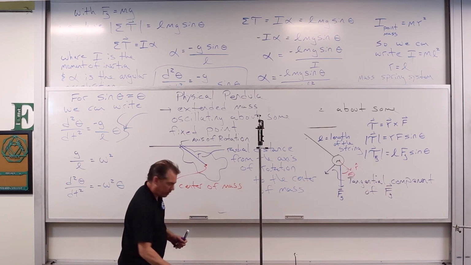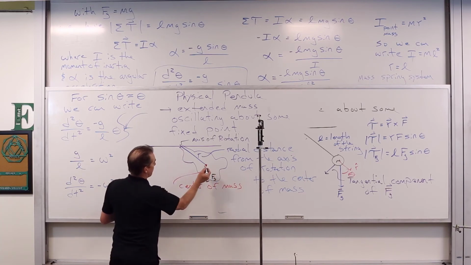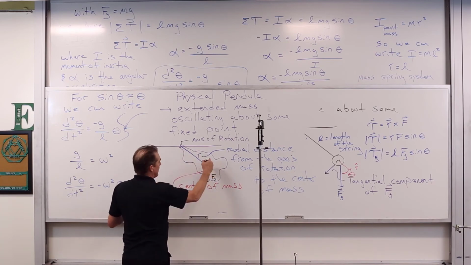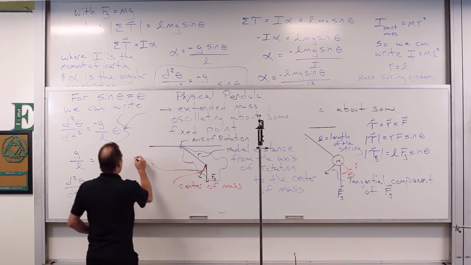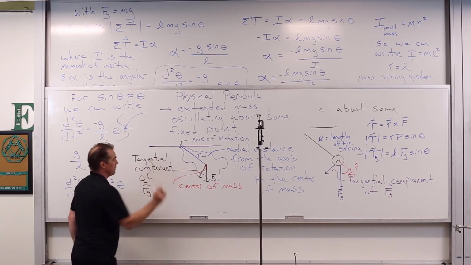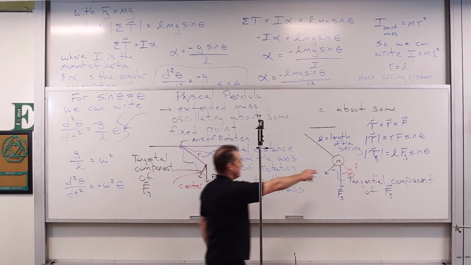So at that particular point right there, we could say we've got the gravitational force, F sub g hat, and that resolves into some radial component and some tangential component. So for this, we could say tangential component of F sub g hat, and we've got the same sort of setup that we had here.